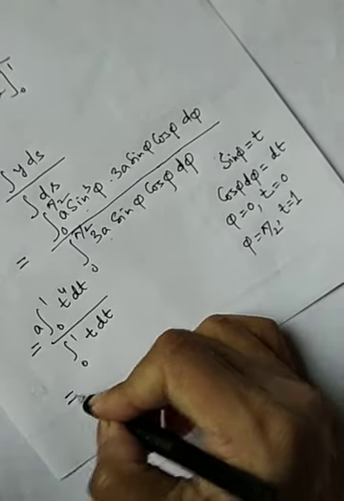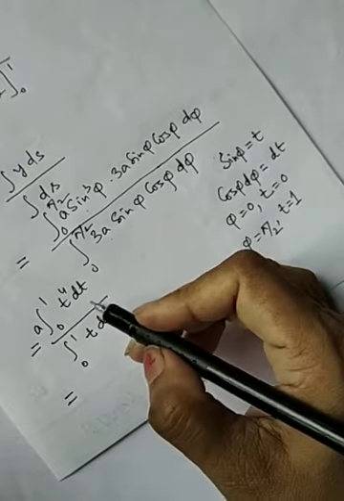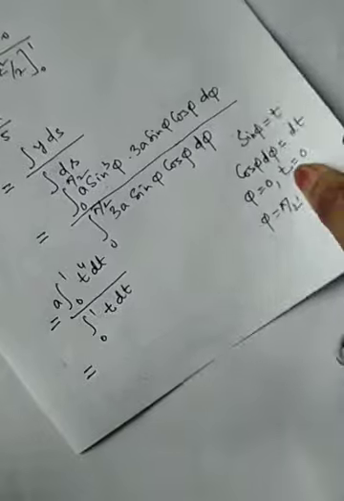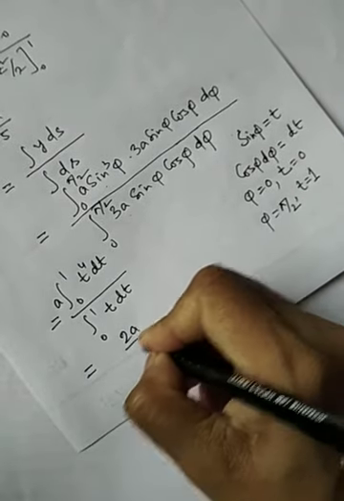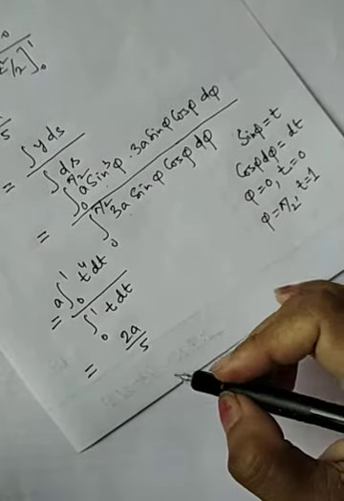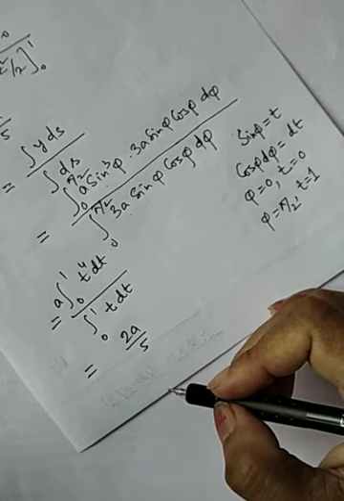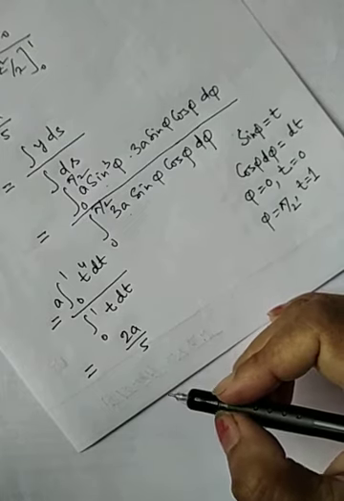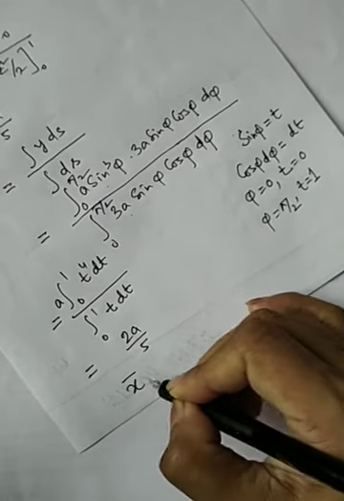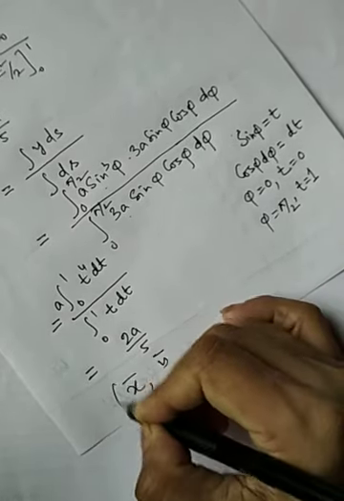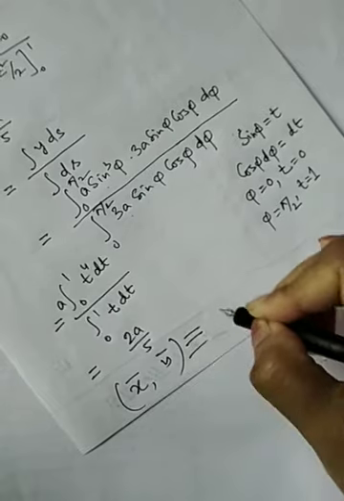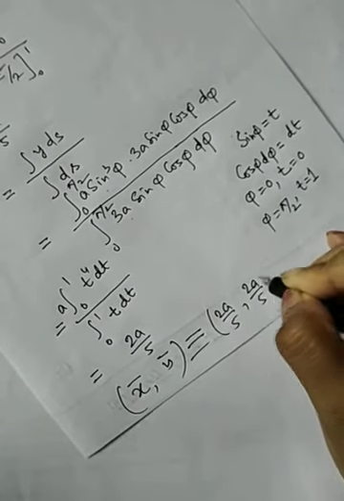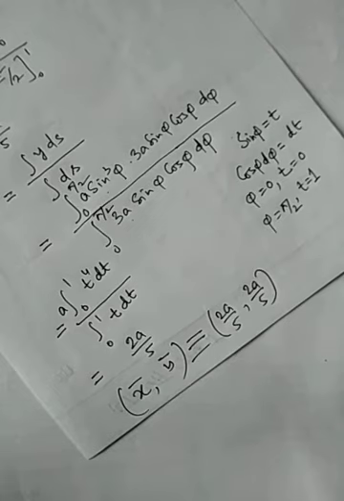Okay, so similarly these are similar integrations, so the result is 2a by 5. Therefore the CG of an arc of a quadrant of the asteroid in the first quadrant is 2a by 5, 2a by 5. So this is the answer.